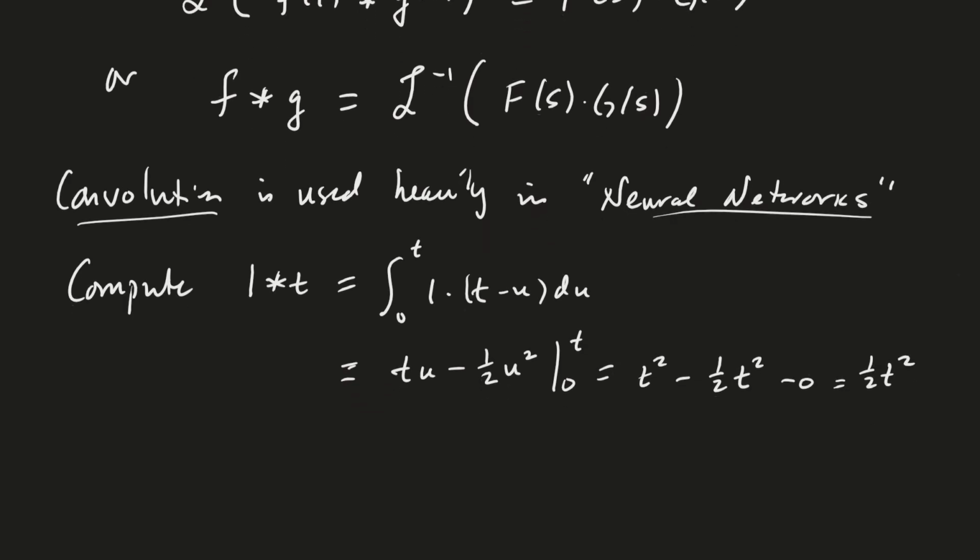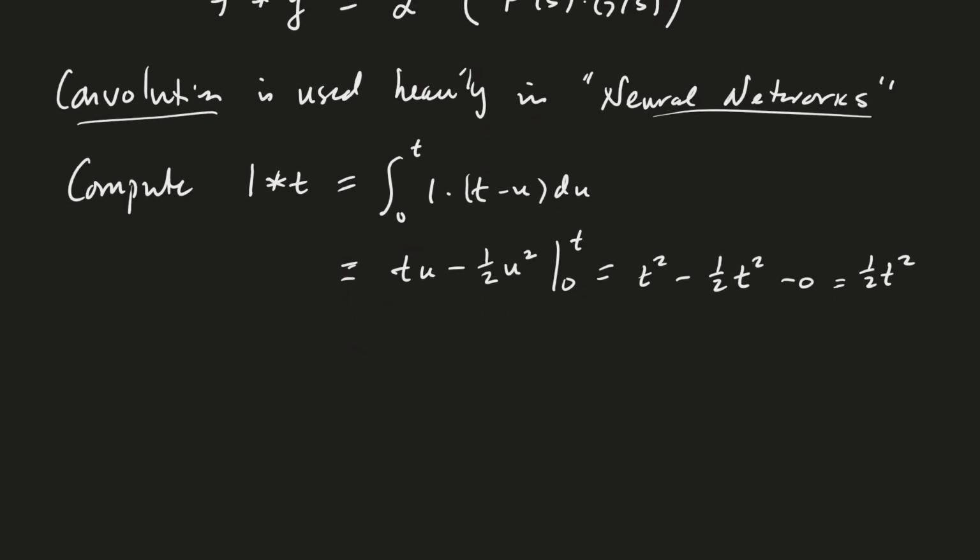Good. So notice in particular that 1 convolved with f of t is not necessarily f of t. In fact, 1 convolved with 1 is not equal to 1 either. You can compute that yourself.